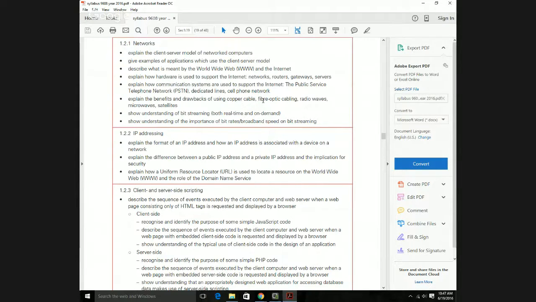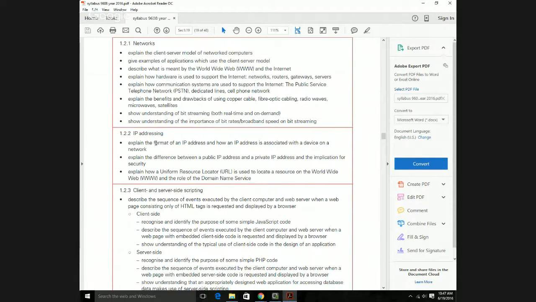So are you using copper wire, fiber optic, radio waves, microwave, satellite, etcetera? So what is bit streaming, and what are the other things? I guess maybe I'm mixing it up a bit. One is bit streaming, then we have circuit switching, and maybe we're going to see that later on.